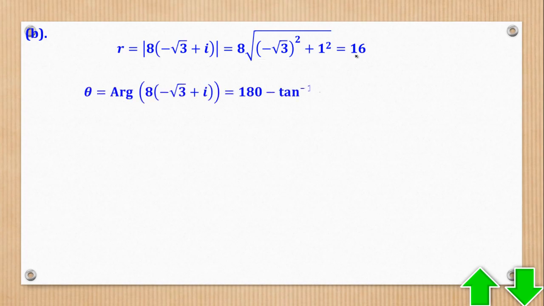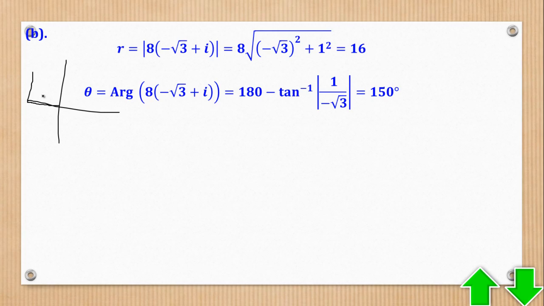Then the argument also. For the argument, you have to first identify the quadrant where it lies. Do you see? It is negative followed by positive. Negative real, positive imaginary. Meaning it is in the second quadrant. So for the second quadrant, it should be 180 minus arctan of the magnitude of this ratio. So you come up with 150 degrees as the argument.